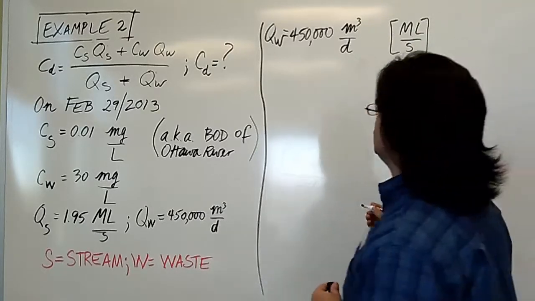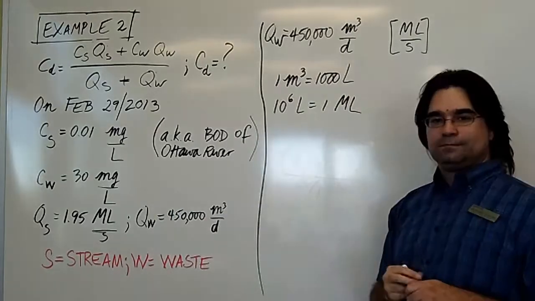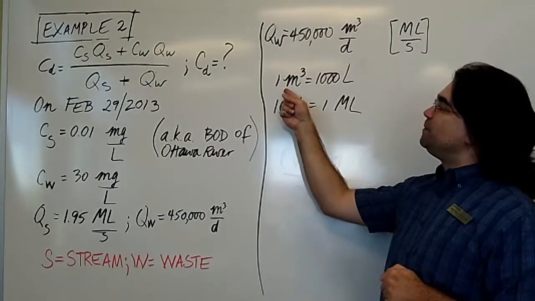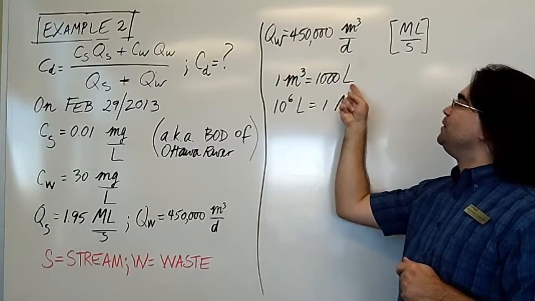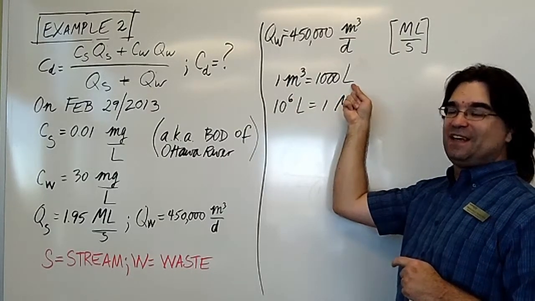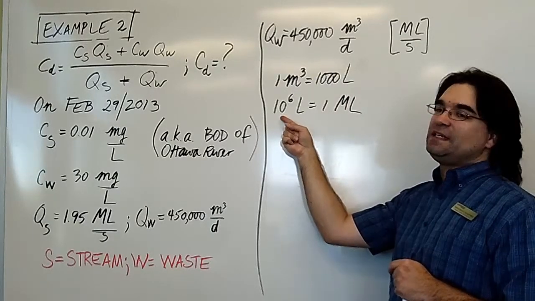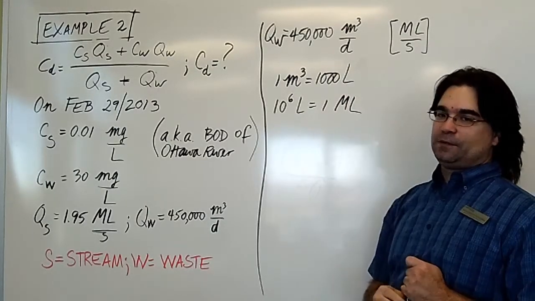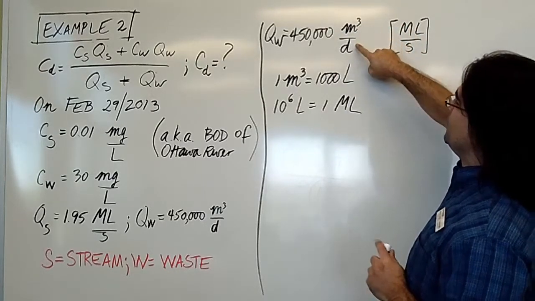Okay, and it goes as follows. 1 cubic meter is equal to 1,000 liters. So I went to a known unit of literage. And then I remind myself that to get from liters to megaliters, it's 1,000,000 liters equals 1 megaliter. That only takes care of this. How about taking care of this?